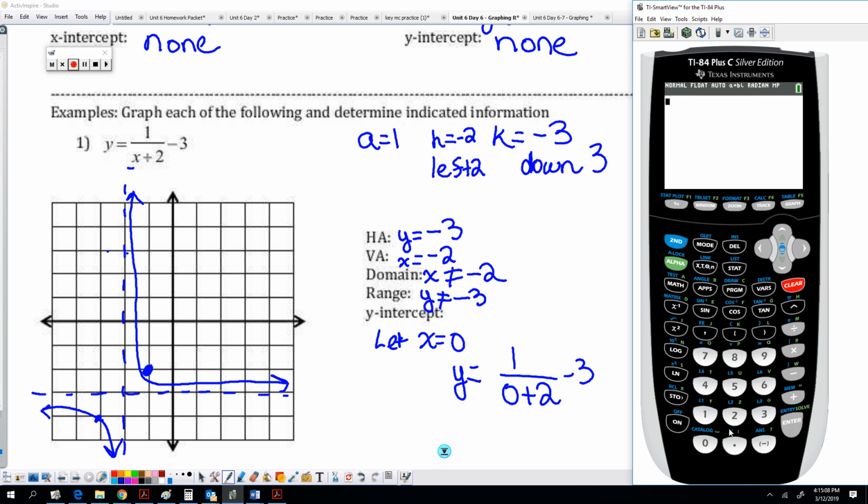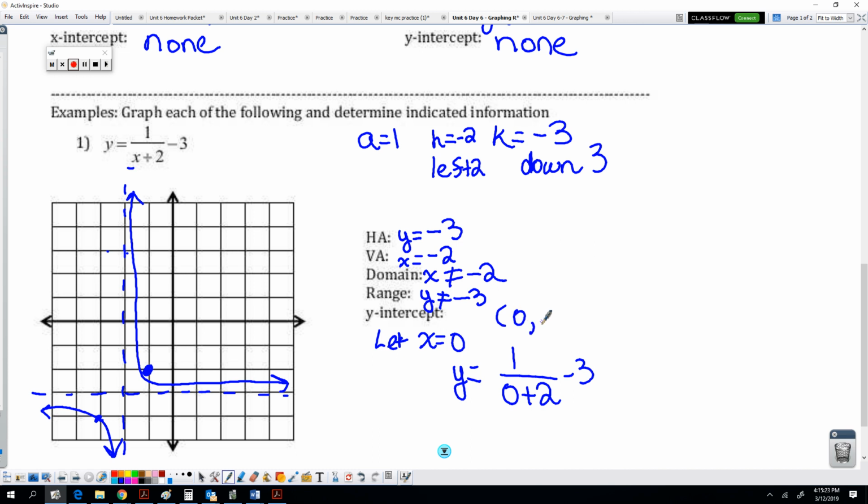So I can do 1 divided by 2 minus 3, and it gives us negative 2.5. Or I can do math, enter, and it gives you negative 5 over 2. So that is my y-intercept. That is where it crosses the y-axis. See, right here.